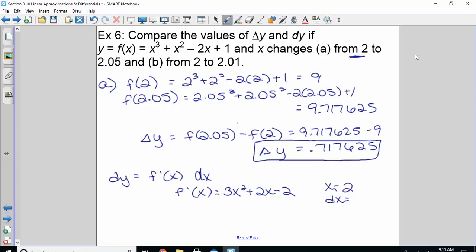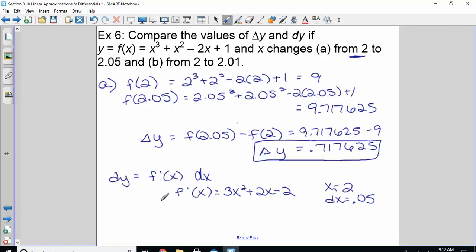dx is the change in x. If you start at 2 and you end at 2.05, what was your change in x? 0.05. What if you started at 2 and you ended at 1.5? Negative 0.5. If your x gets smaller, it would be a negative. Okay?